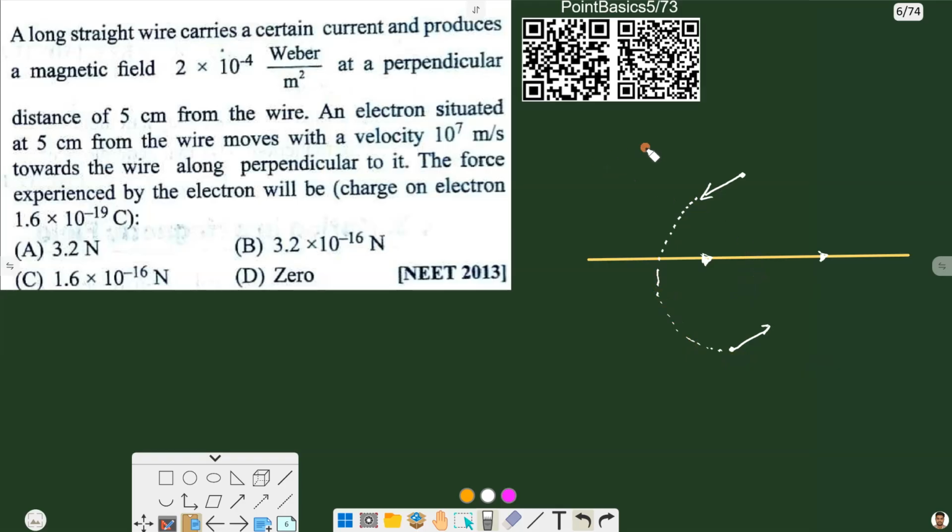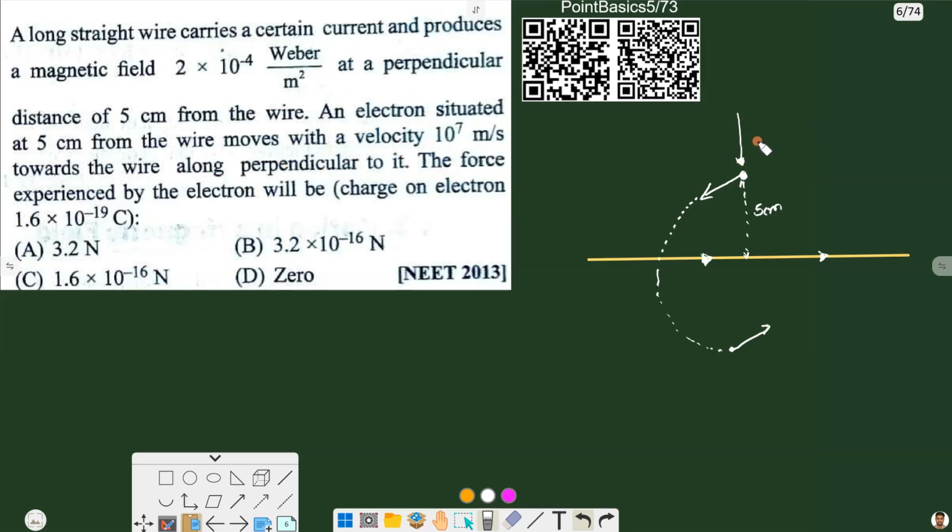So now at this point, this is 5 centimeter. We have an electron and that is coming towards the wire perpendicular, and the electron is moving downward.